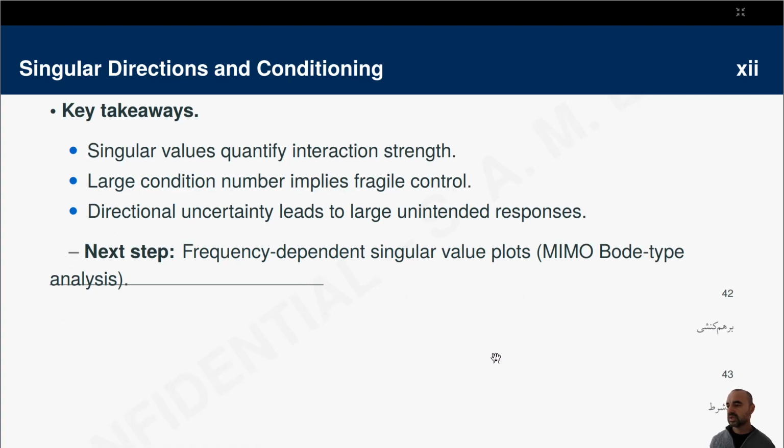The key takeaways are that singular values quantify interaction strength, and a large condition number implies fragile control. Directional uncertainty leads to large unintended responses. So direction matters, conditioning matters, and the singular values reveal both.